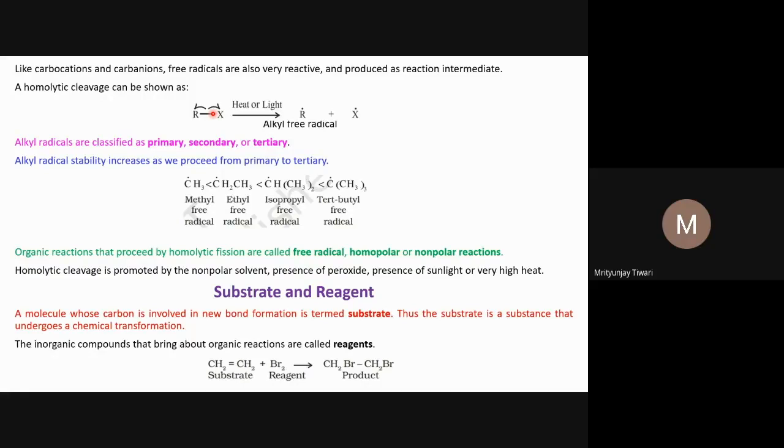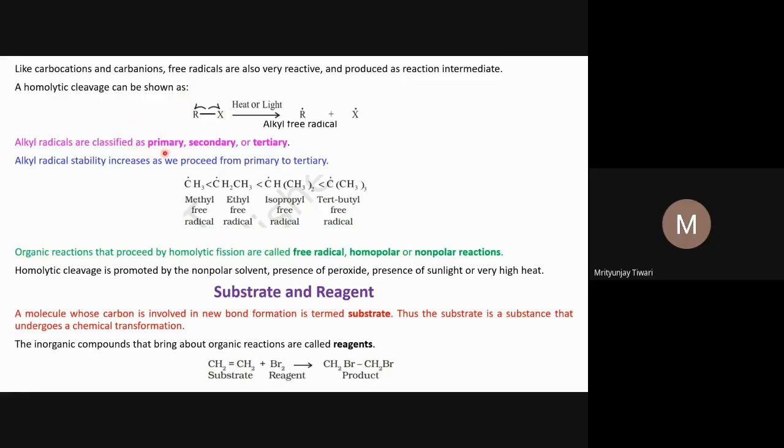It will itself form two peroxide radicals, and these peroxide radicals will further break these bonds and create another radical. So the formation of peroxide radicals from the peroxides promotes the homolytic cleavage of a substrate. So homolytic cleavage can be shown as this.